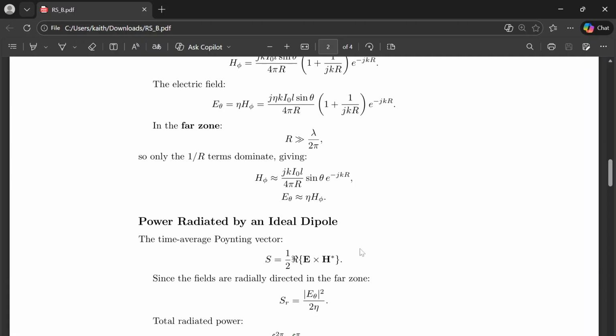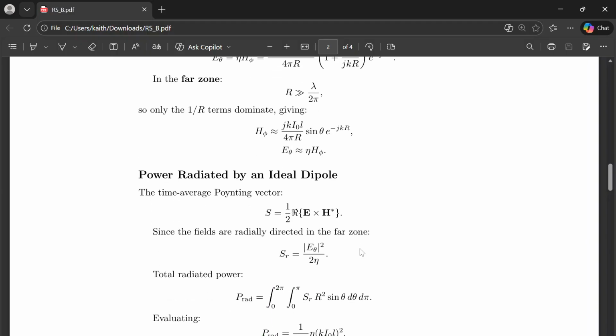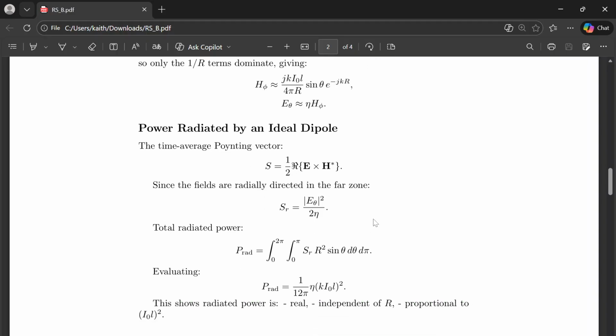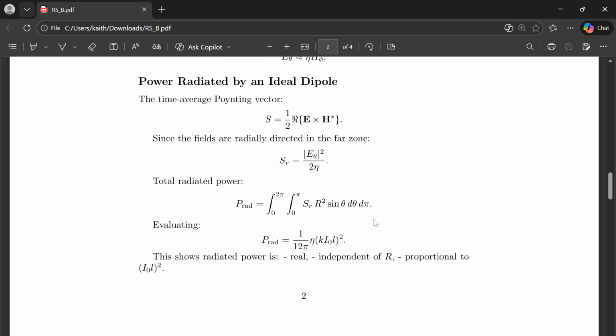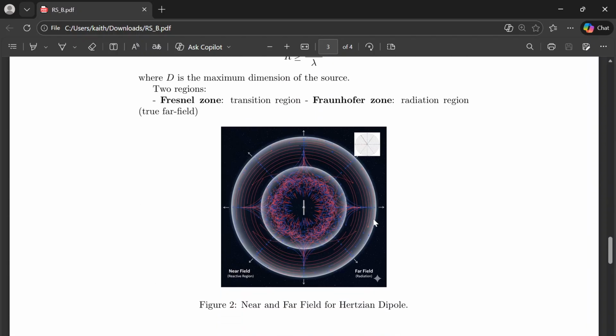So now let's find the power radiated by an ideal dipole, which is given by the Poynting vector. This is the formula for the Poynting vector, which is half the real part of E cross H conjugate. As you can see in the far zone, I'll show you a picture. This is the picture of the near and far field of a Hertzian dipole. As you can see, in the far field the fields are radially directed.